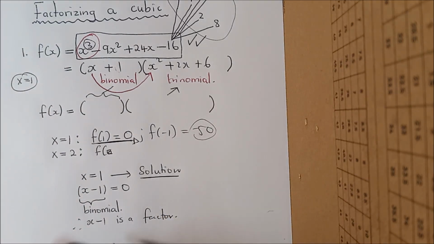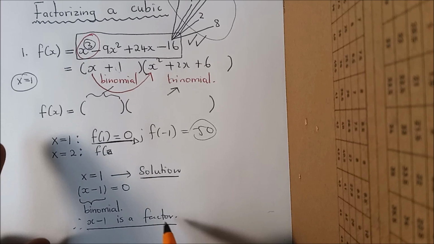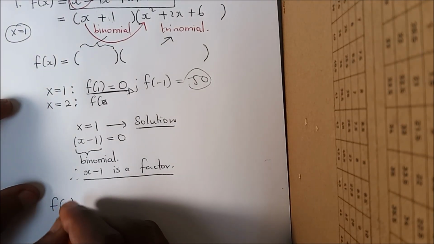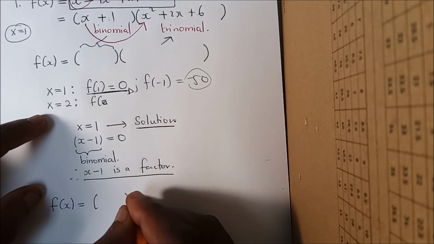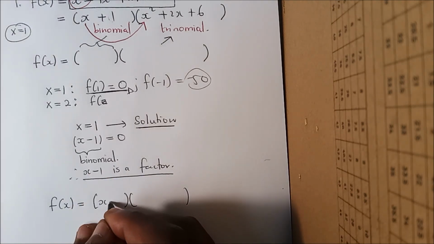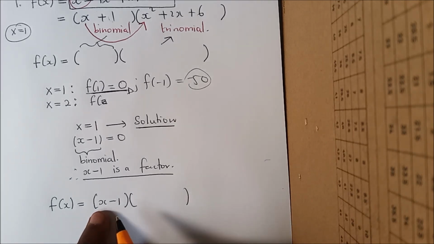So now if we say x minus 1 is a factor, that means from our factorization, we have f of x equal, remember we said to factorize a cubic, you need a linear or a binomial. And what is our binomial? It is x minus 1. And how did we get x minus 1?